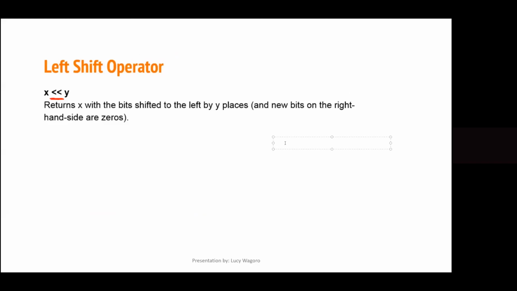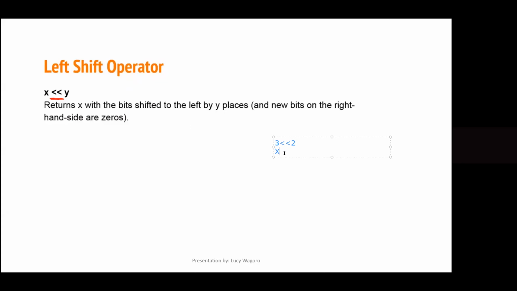Assume I have 3 inside my X, and I have a 2 inside my Y. It returns X with the bits shifted to the left by Y places.